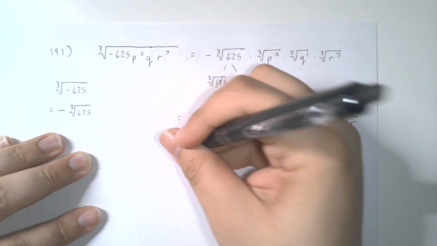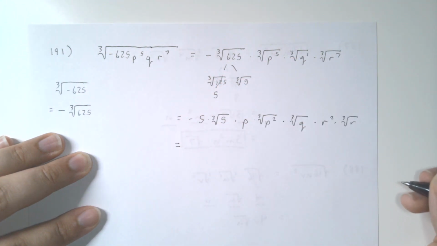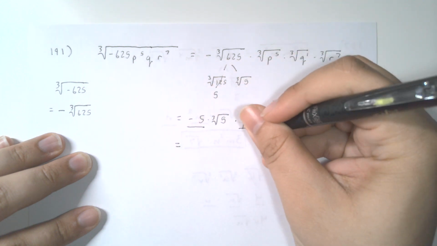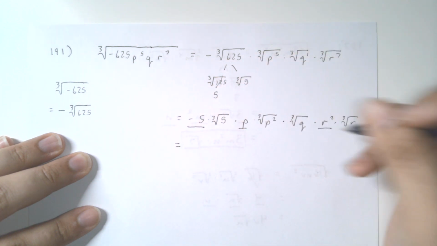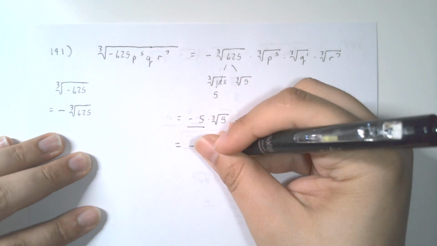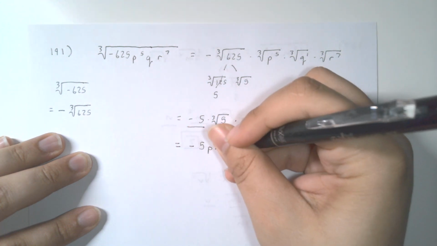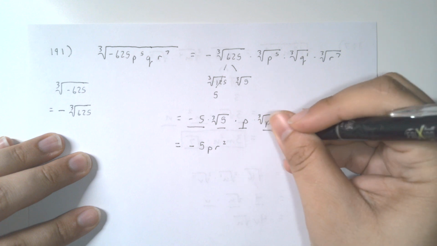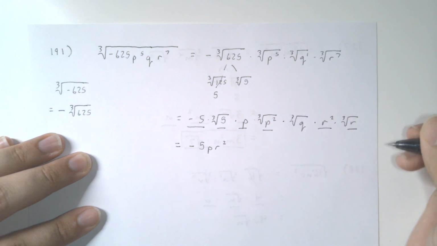But now, we just have to simplify everything. So all the stuff on the outside of the root, we have a negative 5, a p, and an r squared. Multiplying all that together, we get negative 5p r squared. And then multiplying all the stuff on the inside of the root, we have a 5p squared r.